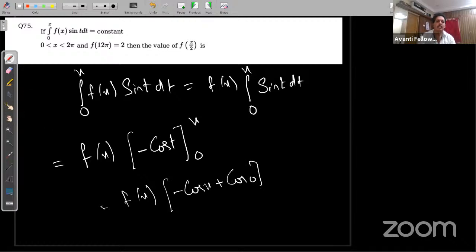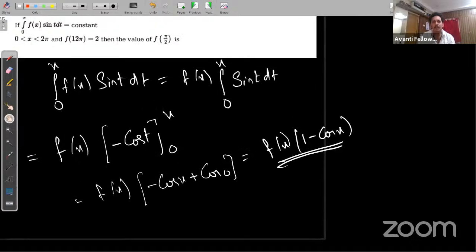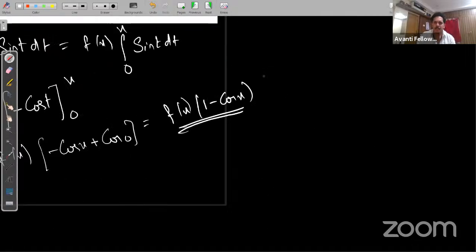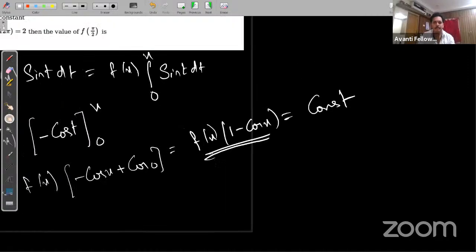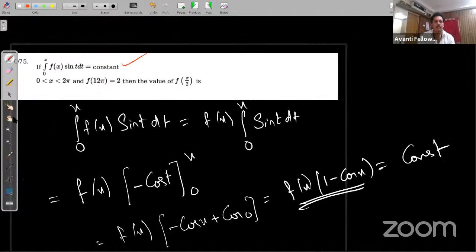So finally, we have rewritten our given question as f of x into 1 minus cos x. Okay, so this is my given thing. f of x into 1 minus cos x is equal to some constant he has given.